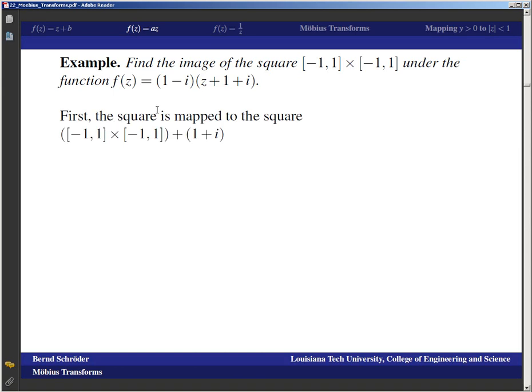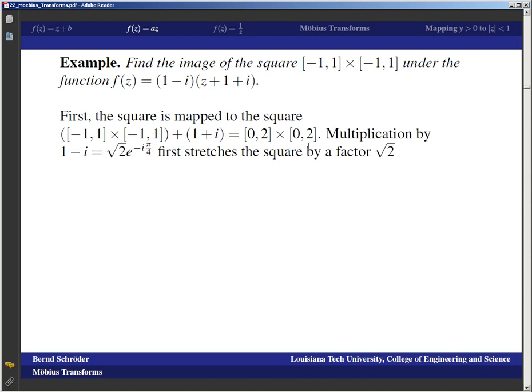So first of all, the square is mapped to the square [-1,1] cross [-1,1] plus (1 plus i). Well, if you add 1 plus i to it, that means you're shifting 1 to the right and 1 up, which means you're taking the square [-1,1] cross [-1,1] and you map it to [0,2] cross [0,2].